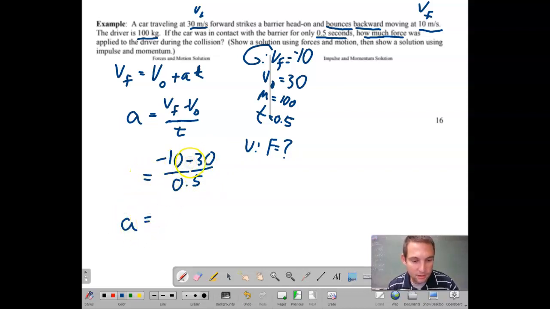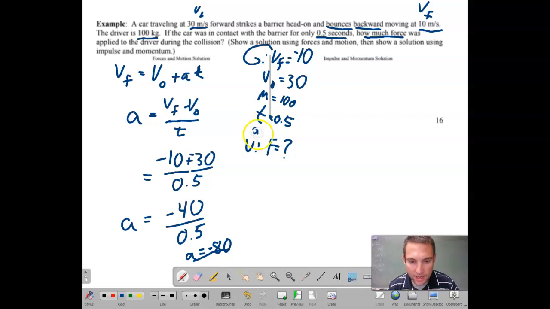We're subtracting a positive from a negative, so we're going to add a negative, so that's going to be negative 40 divided by 0.5. And we get our acceleration equal to negative 80.